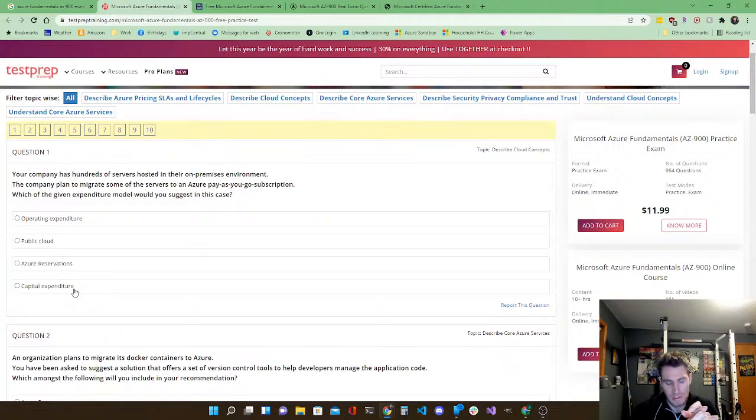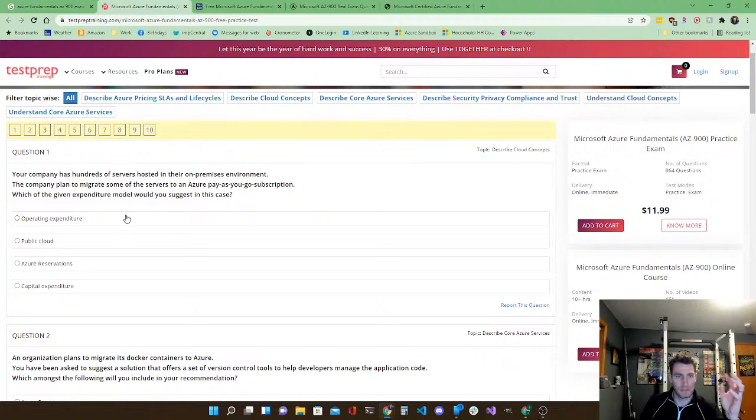It's the capital cost that you pay once versus the operating expenditure that you're paying regularly. So that would be the pay-as-you-go part of it, that there are just recurring costs that you're switching to that model.